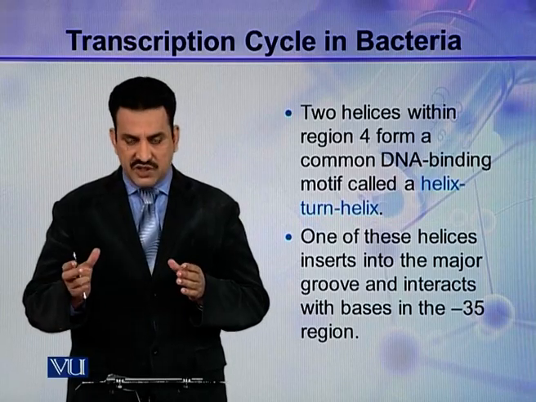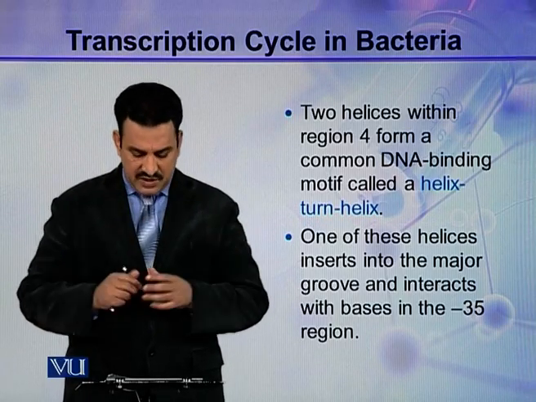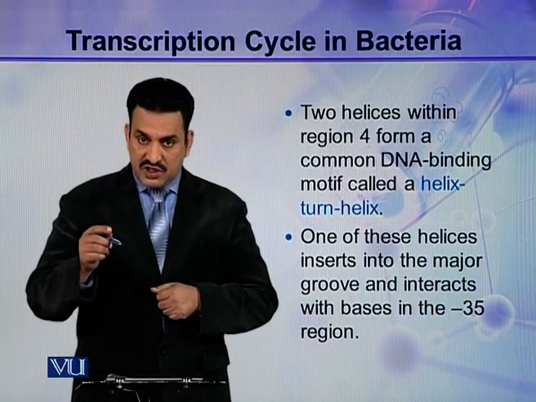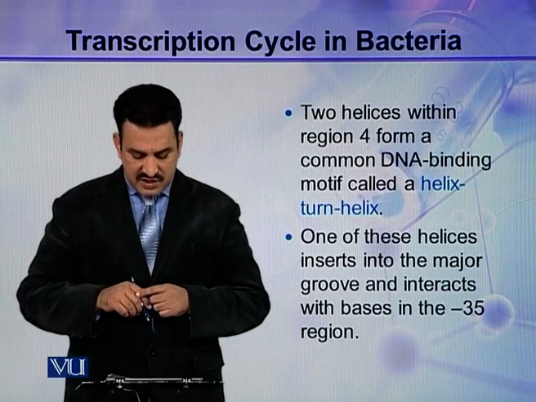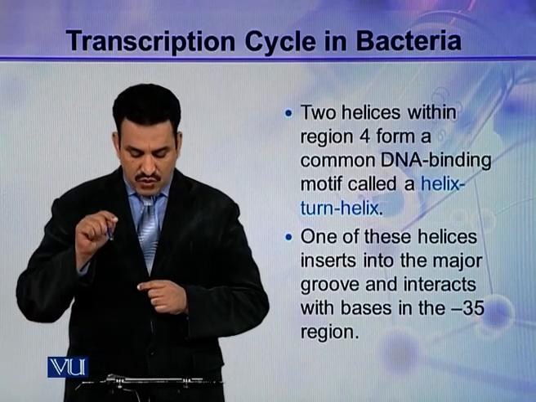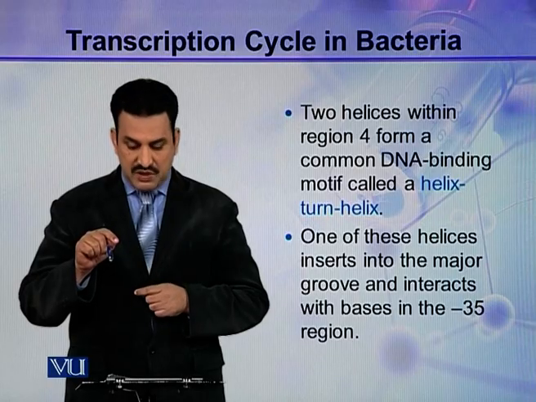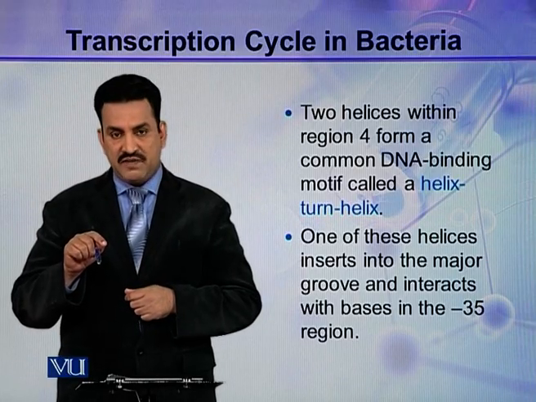So this is the helix turn helix in region 4 of the sigma factor. One of these helices inserts into the major groove and interacts with the bases in the minus 35 region.